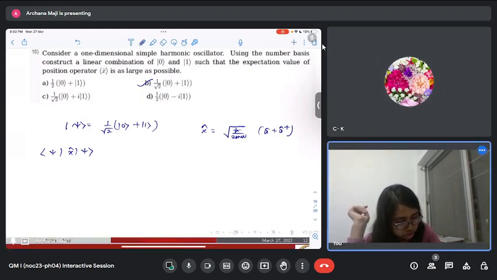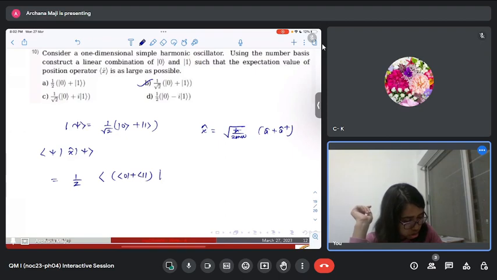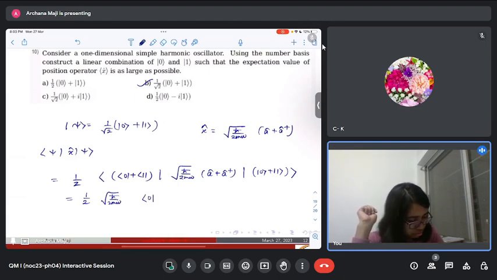So this will be half, (<0| plus <1|) acting on x, which is square root h cross over 2m omega times (a plus a dagger), on (|0> plus |1>).